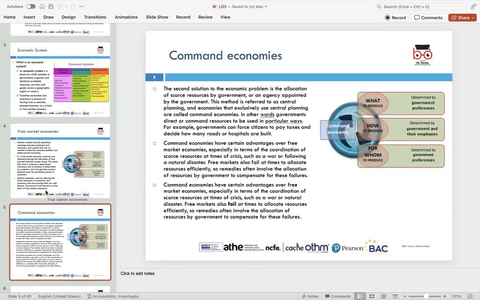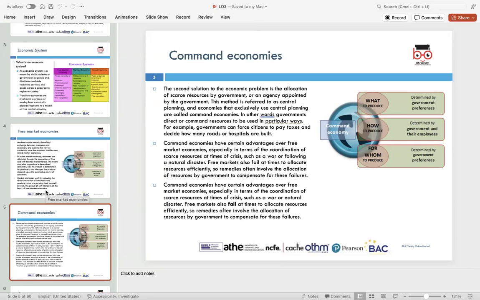Command economics. When we talk about command economics, scarce resources are distributed by the government or an appointed agency through the process of central planning. Command economies are characterized by their central planning in order to accomplish particular goals such as the construction of new infrastructure.